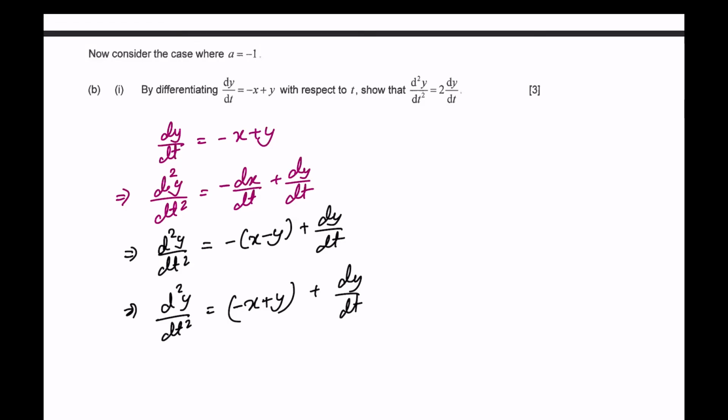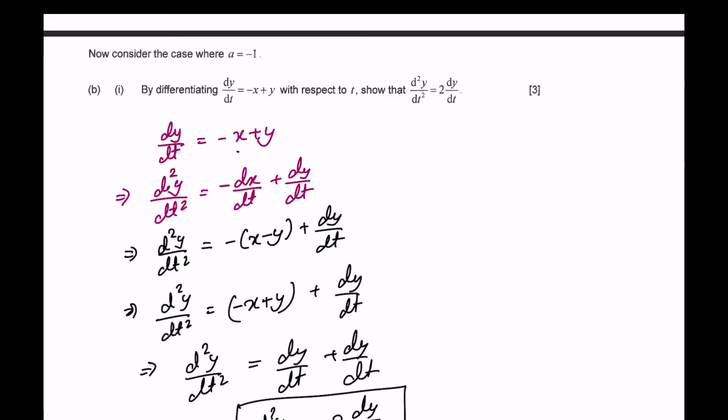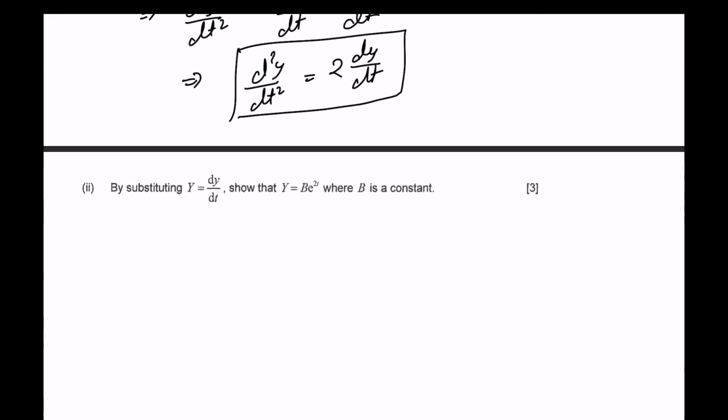Another thing we should note is that the initial equation is minus x plus y equals dy by dt. Here we also have a minus x plus y, so I can replace this minus x plus y with dy by dt, because these two terms are the same. So it will look like this: dy by dt plus dy by dt. So finally we have proved that it becomes twice dy by dt. This is what we were supposed to prove in this problem. Moving on to the next problem.